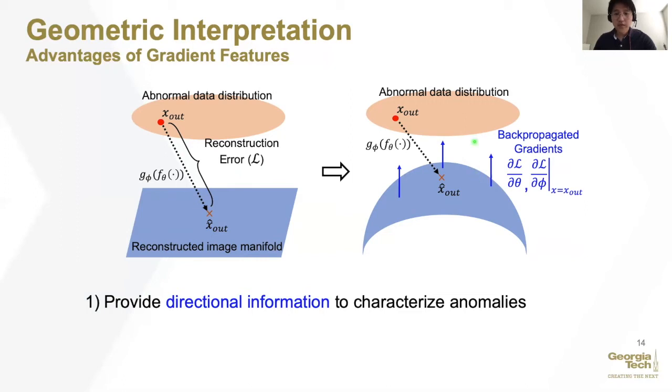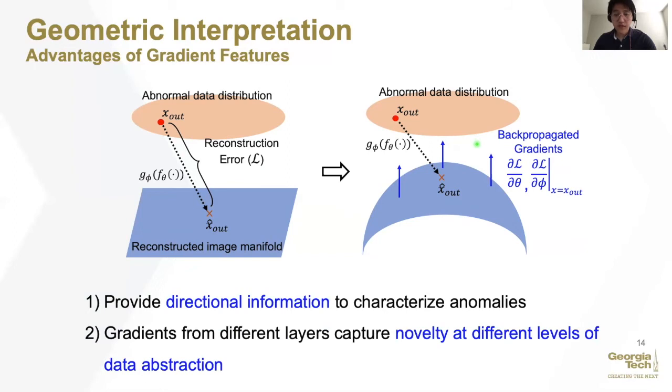Also, gradients from different layers capture novelty at different levels of data abstraction. Gradients can be obtained from any layer through backpropagation, and this enables algorithms to capture fine-grained novelty, both in low-level characteristics such as edge or color, and high-level class semantics.